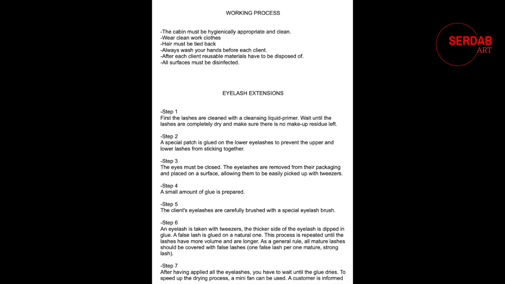We take an eyelash, the thicker part, we put it in the glue, and we glue on the natural one. And we repeat until all the eyelashes are covered except the baby lashes, which you have to pay attention to and leave to grow longer and stronger.